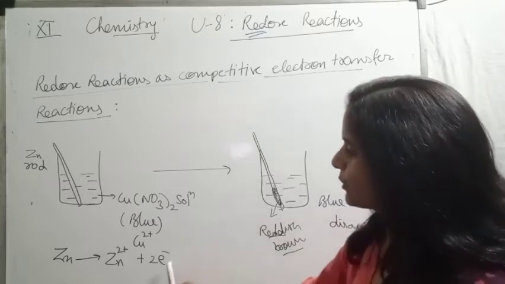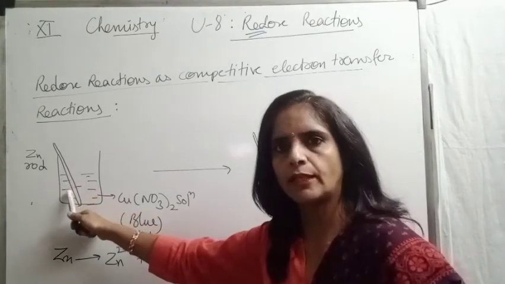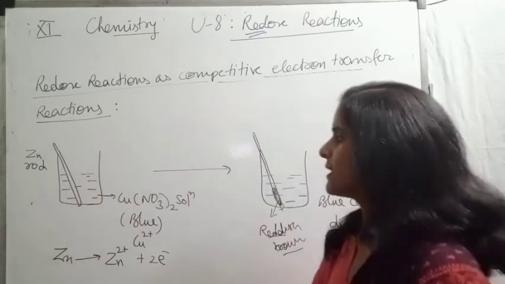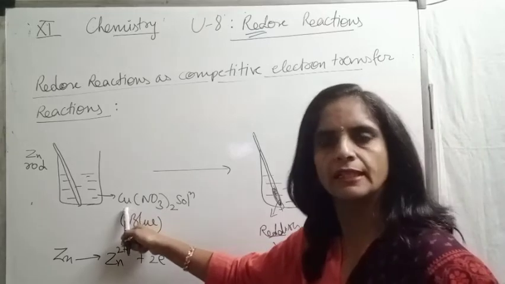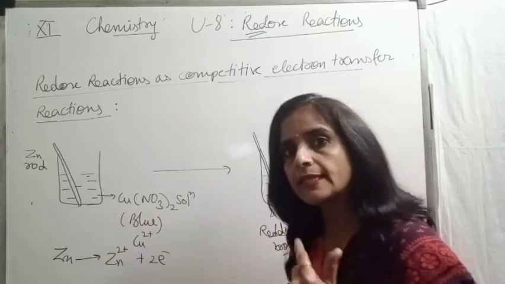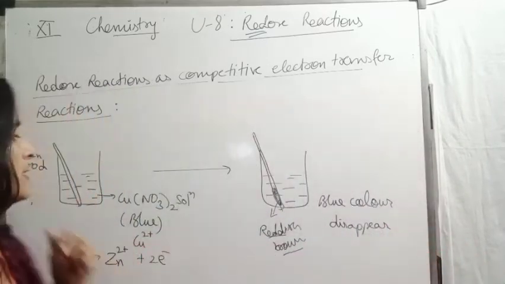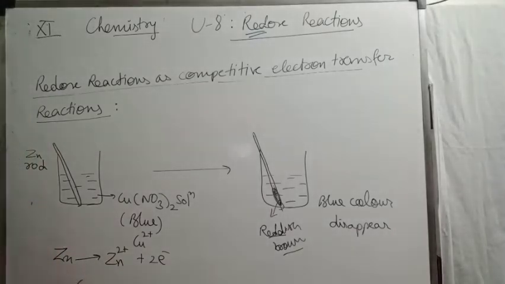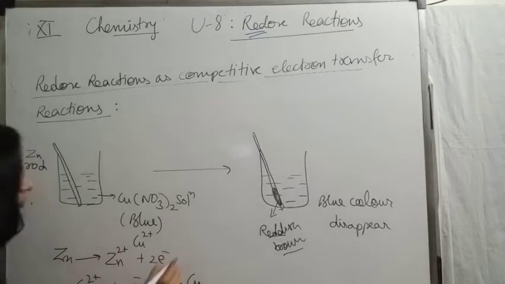So the electrons released by the zinc rod are received by the copper ions present in the solution.